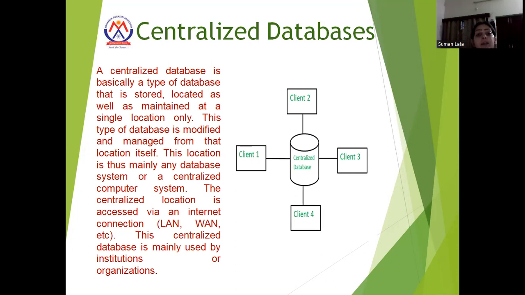This type of database is modified and managed from that location itself. This location is mainly a database system or a centralized computer system. The centralized location is accessed via an internet connection, LAN, WAN, etc. This centralized database is mainly used by institutions or organizations.